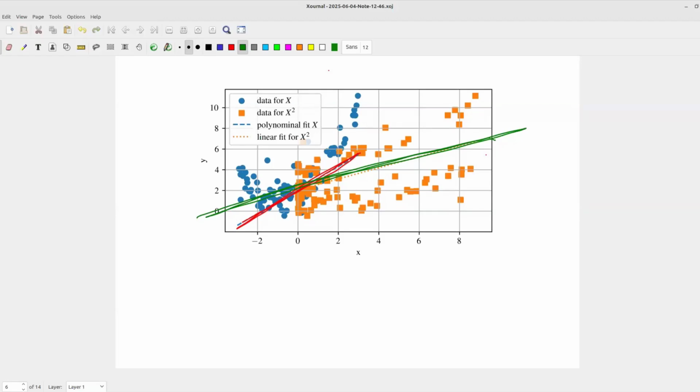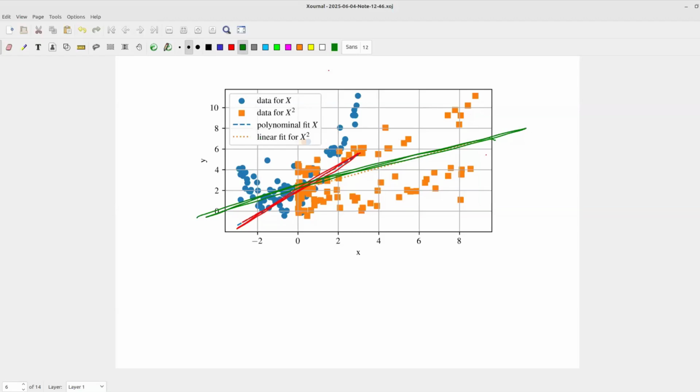It's important to note that polynomial regression can identify the interrelationships between features, and multiple scaling features exist, right? But it scales quite poorly, right?